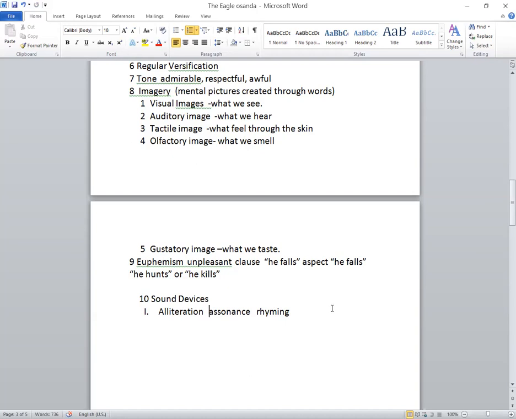Practice it that way. Now we have to find out how Tennyson uses alliteration, assonance and rhyming, because these sound devices add musical beauty, or lyrical beauty, to the poem. They are pleasing your ears.